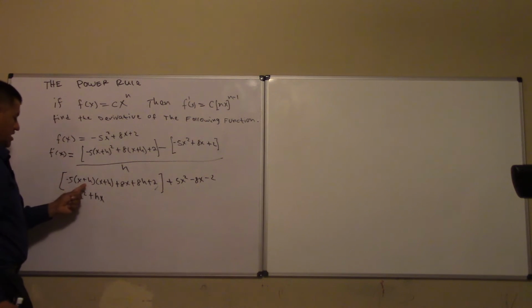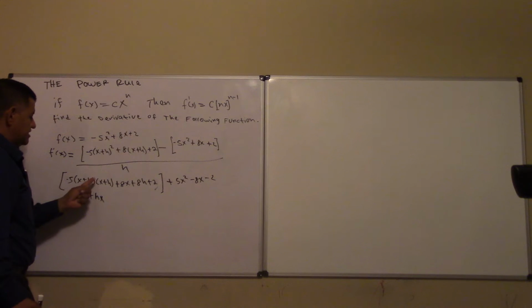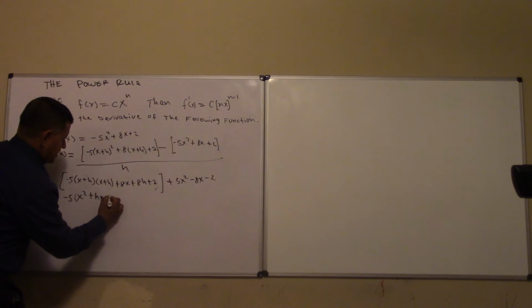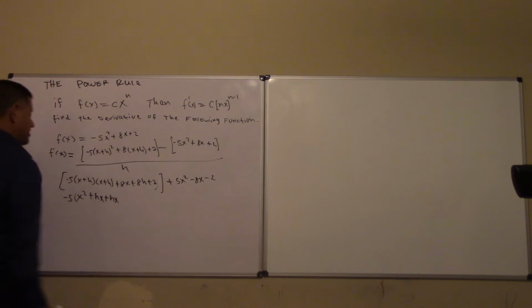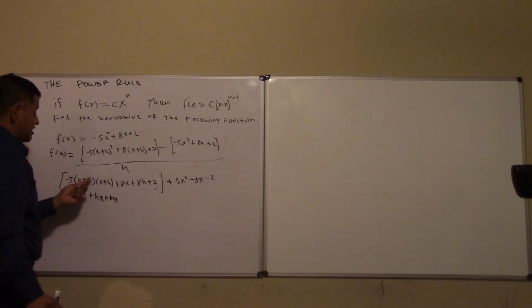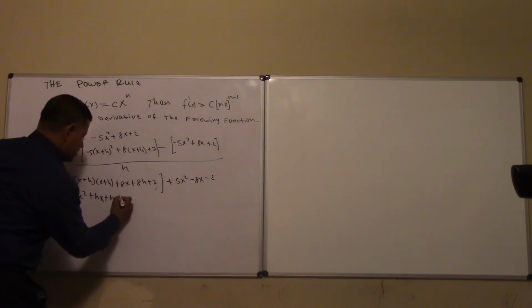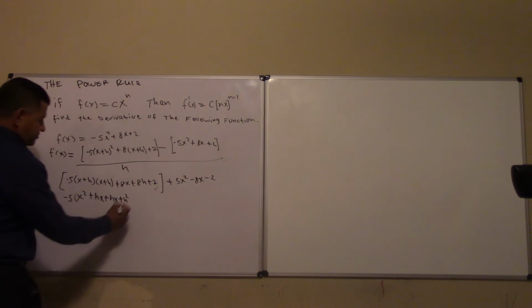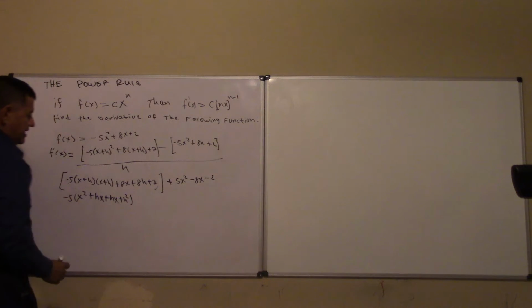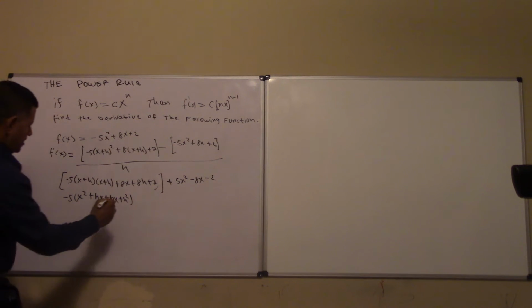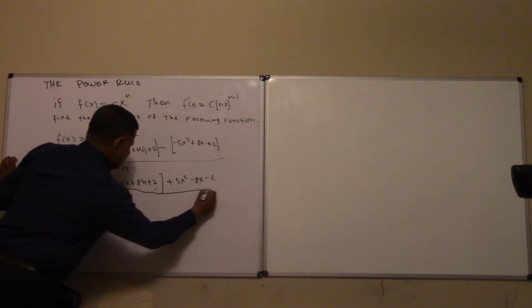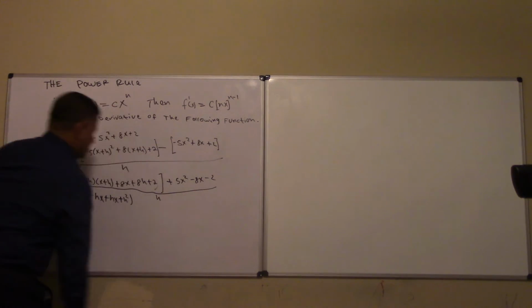Then h times x is just h times x. And then h times h, of course, is h squared. And then everything here is over h, right?